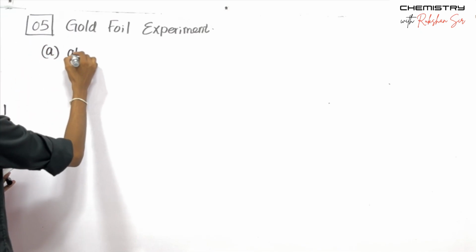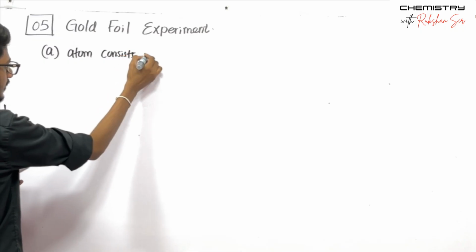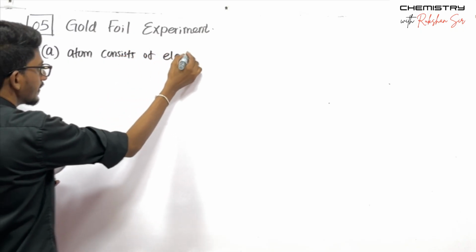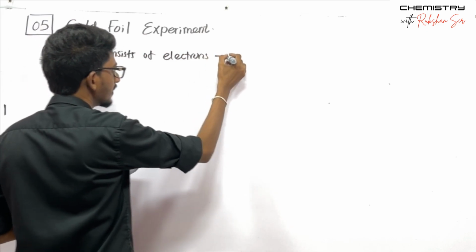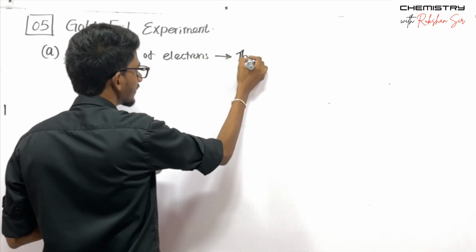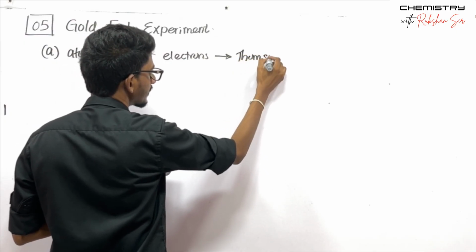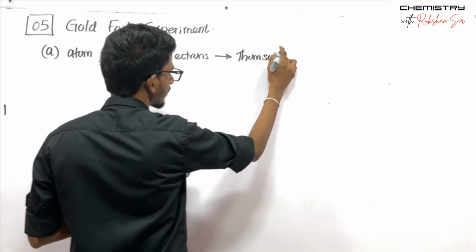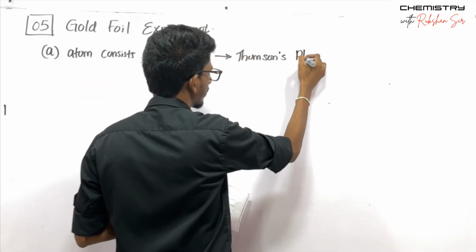The idea that the atom consists of electrons was given by Thomson's model, Thomson's plum pudding model.